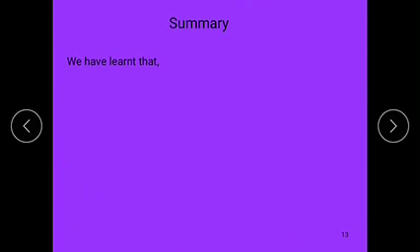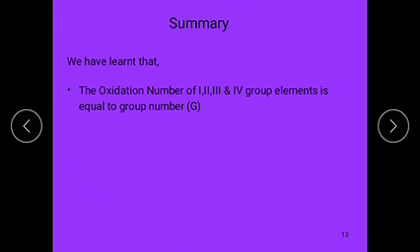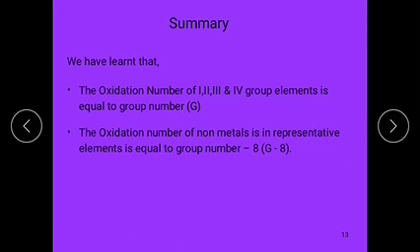In this topic we have learned that the oxidation numbers of first, second, third and fourth group elements are equal to the group number.